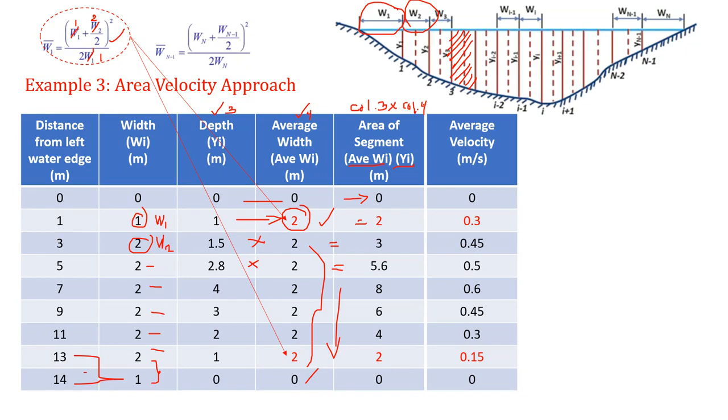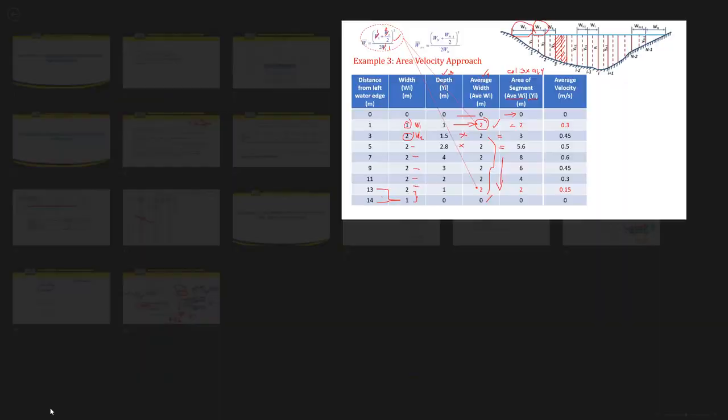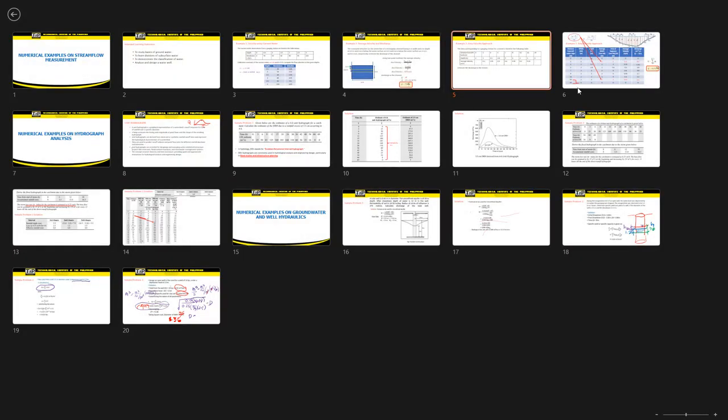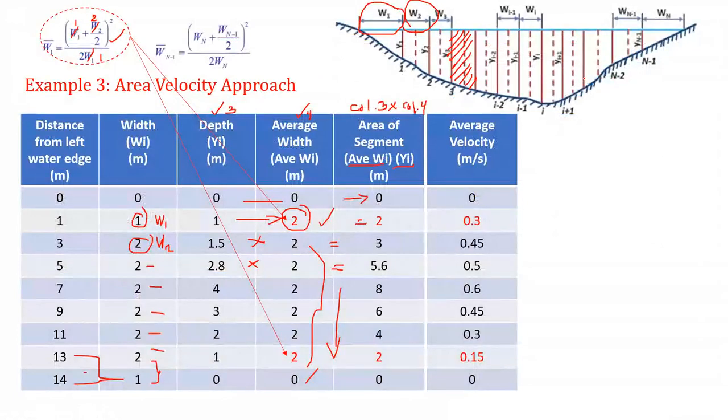Check natin. Ayan, so given naman siya, ayan, average velocity. So, lalagay nyo lang to doon sa table corresponding sa values ng distance natin. Ayan, so lahat ng to, kinopya lang doon sa given.